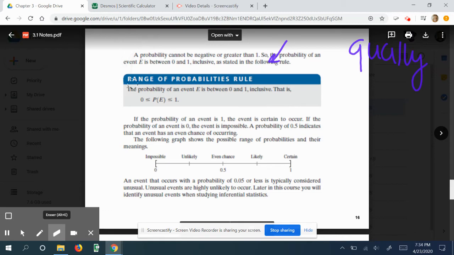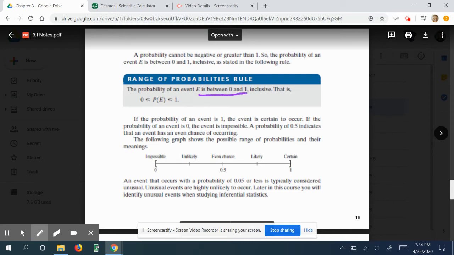Now, here's something that's interesting. Probabilities are generally numbers that are either a fraction or decimal, but all probabilities have to be between 0 and 1. Think about this: unless your teacher gives you extra credit, you can only get from 0 to 100% on a test, right? So it makes sense that your probability of something happening is 0 to 100.